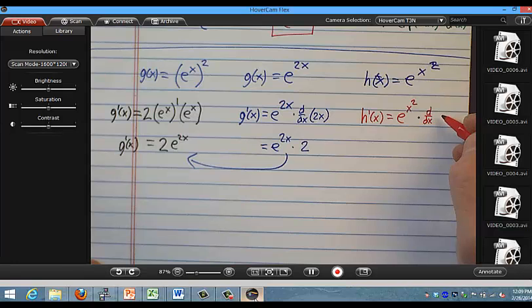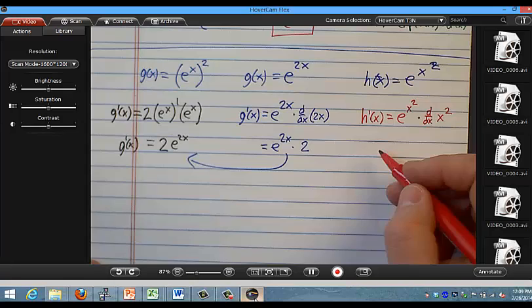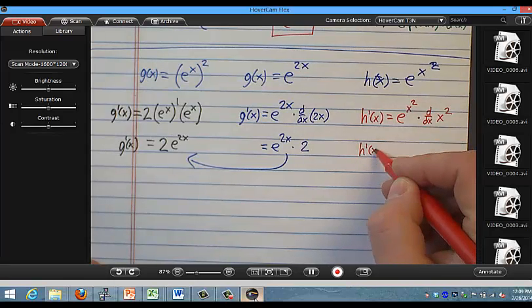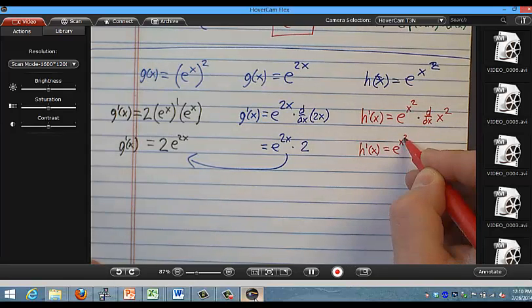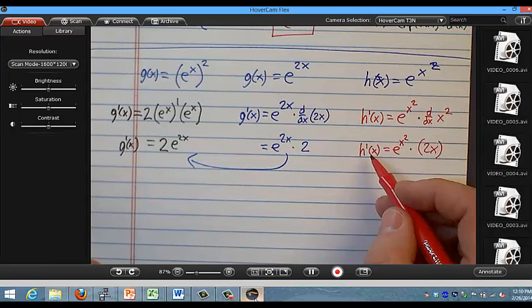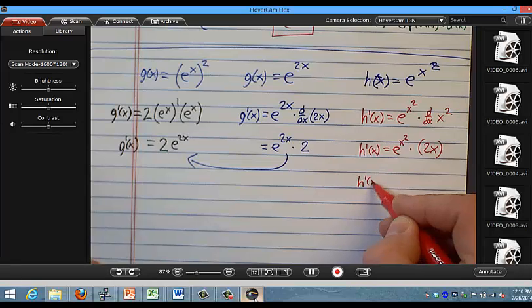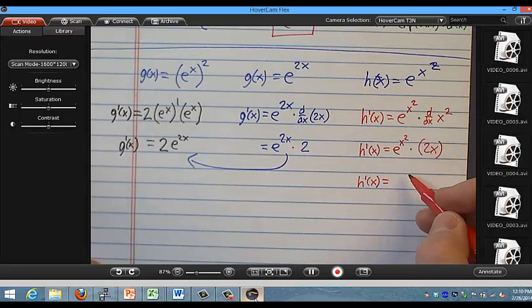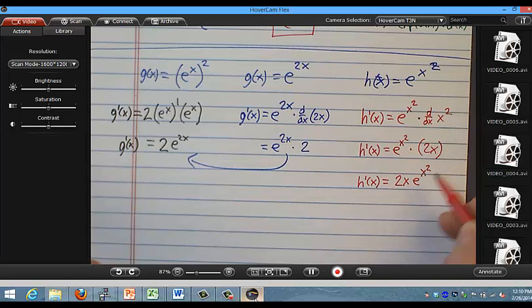The derivative of x squared. So you know what the answer is? E to the x squared times 2x, right? Yeah. And so how most people will write this answer is they'll write h prime of x equals 2x e to the x squared.